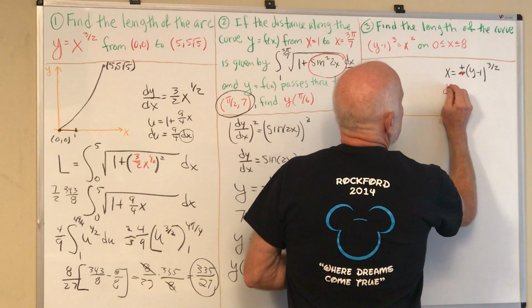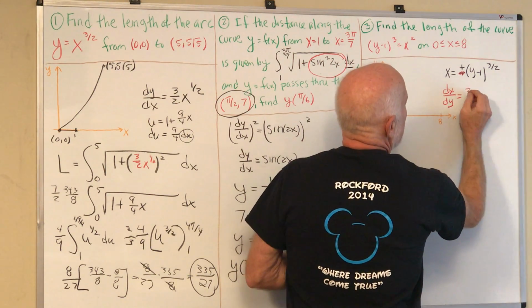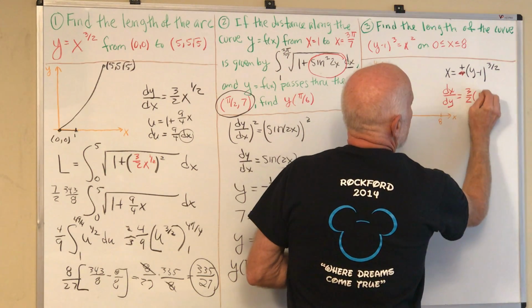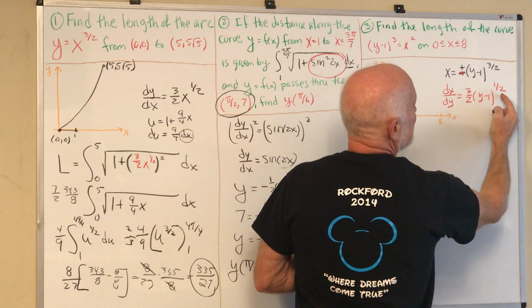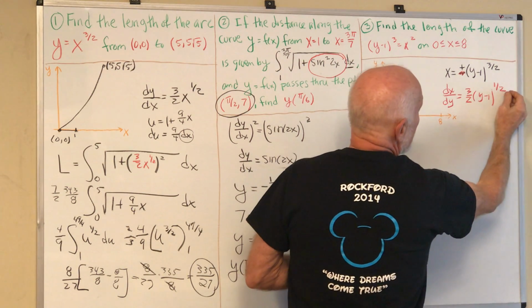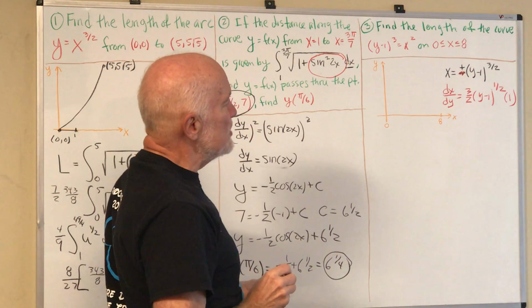So what is dx/dy? It's 3/2 times (y minus 1) to the 1/2. And then if you want to finish the chain rule, times 1, although that doesn't really do too much for you.